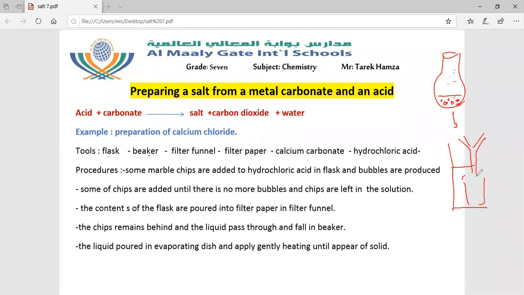Put filter paper inside the filter funnel.